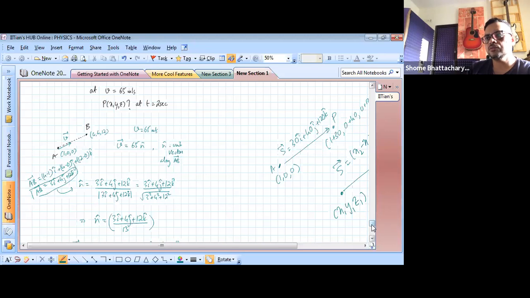So hope this is clear now. Why we are using this unit vector? Now, this is the unit vector along AB. n cap is the unit vector along the line AB. So that is the unit vector, okay, of the velocity V also, because the velocity vector is along AB.